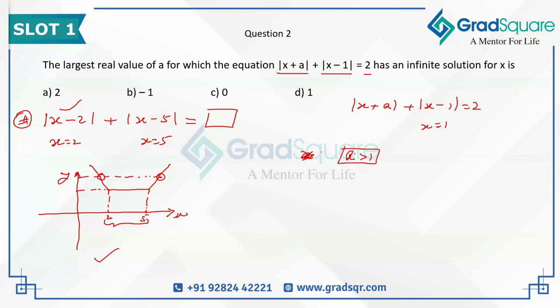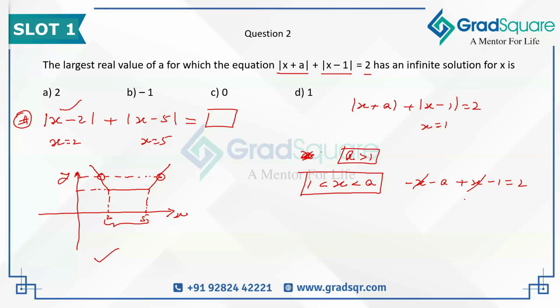If x lies between 1 and a, then x - 1 is positive, but x is less than a, so this value will be negative. If you drop the modulus, you'll get -(x - a) plus (x - 1). This value should be equal to 2.